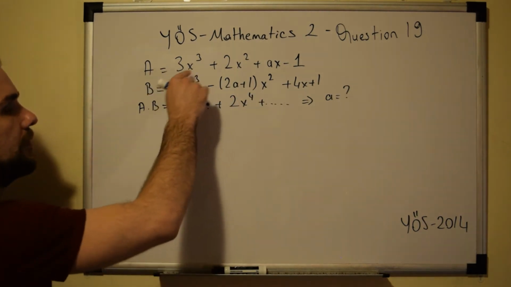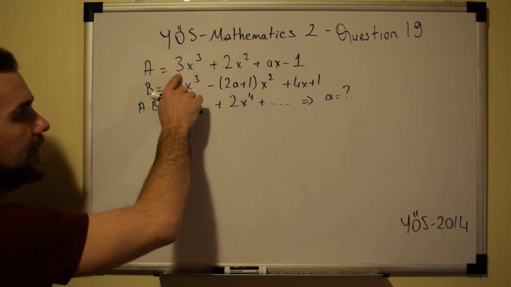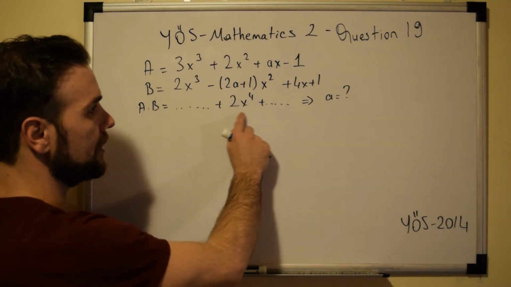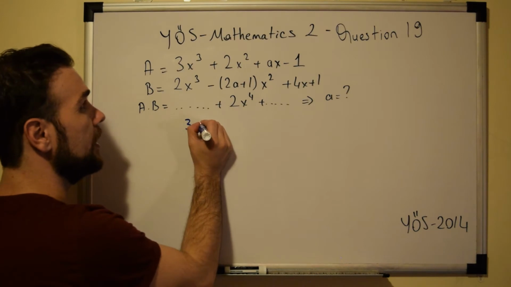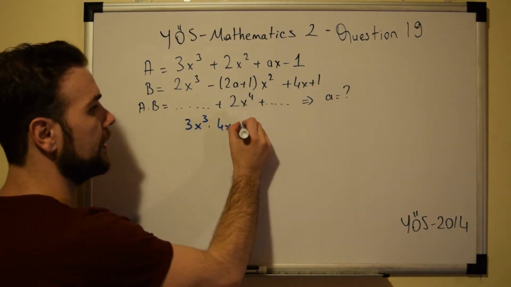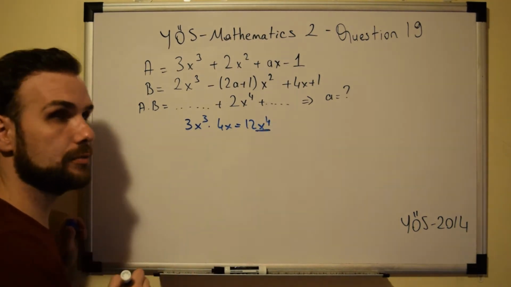Let's start from the first variable. We have 3 times x to the power of 3. Which other variable from B should multiply it to give me x to the power of 4? That's going to be 4x. So we have 3x to the power of 3 times 4x, and that is equal to 12x to the power of 4. So I found the first one.